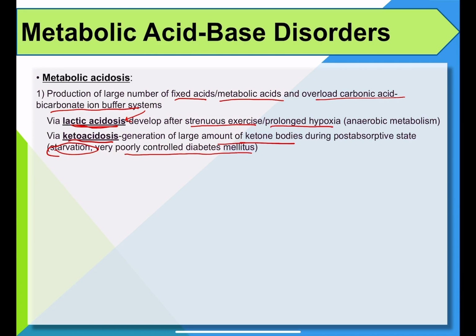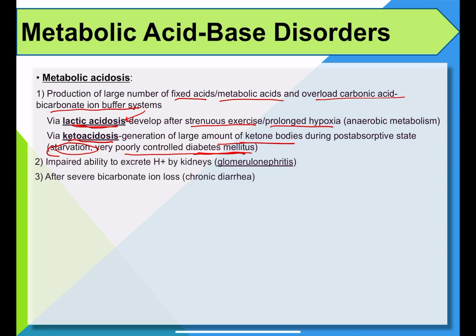When you have diabetes mellitus, your body cannot use glucose as a source of energy because you don't have insulin, or your insulin receptors are not working properly. So your body then turns to fat or amino acids as a last reserve for energy instead. So that's why poorly controlled diabetes mellitus can also end up with ketoacidosis.